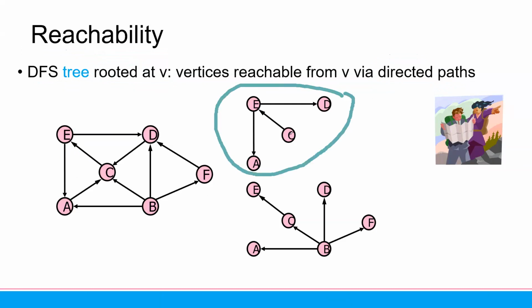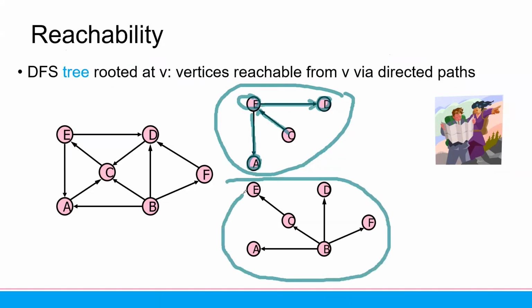We can see that E is reachable from C, and then A is reachable from E, and D is reachable from E. We can extend this into a tree.